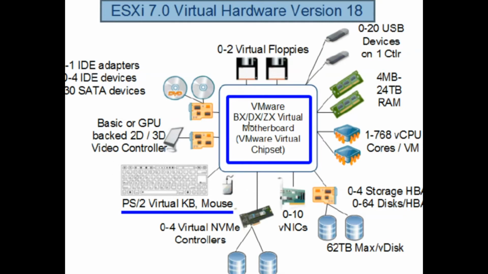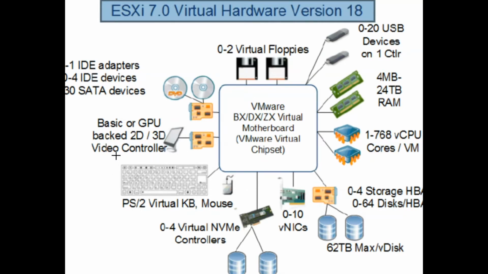And in the video card, what you get is either a basic 2D or a 3D video card connected to a virtual console. Now, 2D is appropriate for server operating systems and any operating system that's not doing 3D graphics applications. 3D would be for, again, possibly server operating systems if you intend to install 3D aware applications in that operating system.